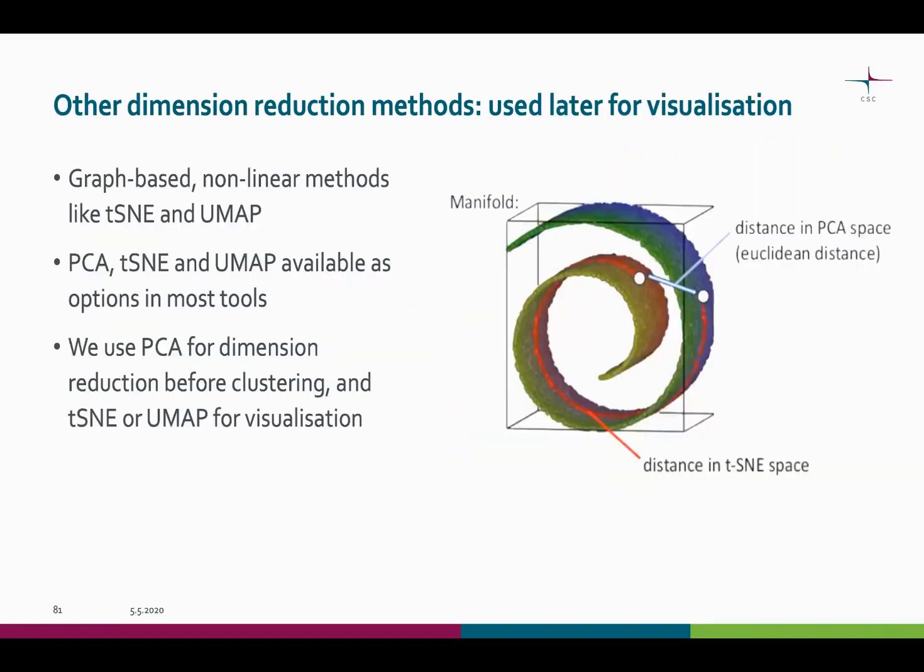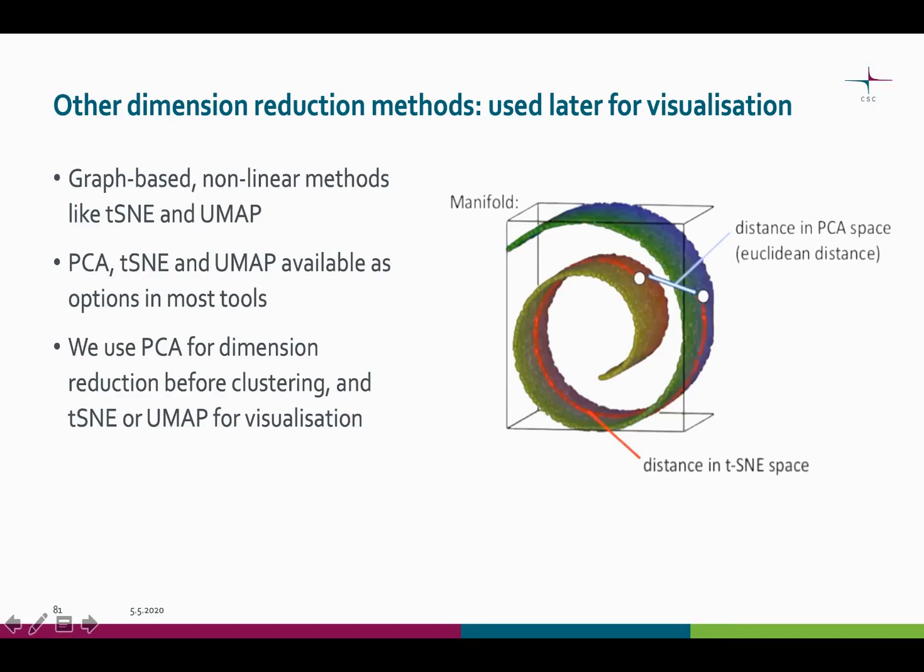Now, we have talked about principal component analysis, but like mentioned, other dimension reduction methods are used for visualization after the clustering. We are dealing with tSNE and UMAP, which are both graph-based nonlinear methods. Most of the tools, including Seurat, offer PCA, tSNE, and UMAP as options for visualization.